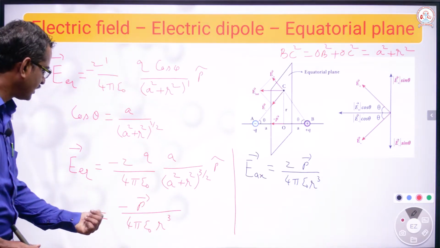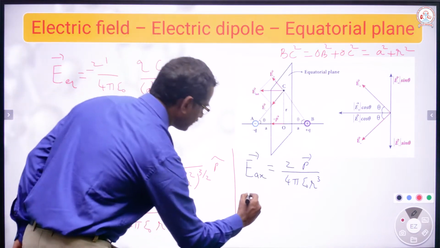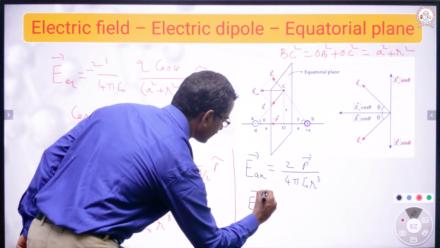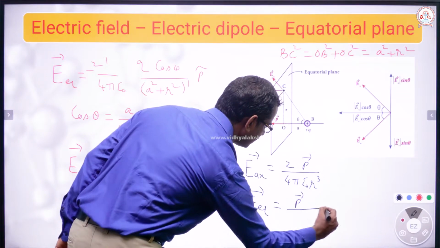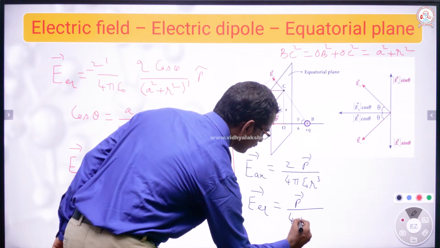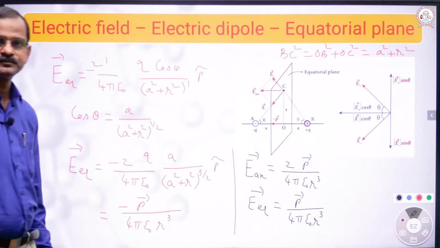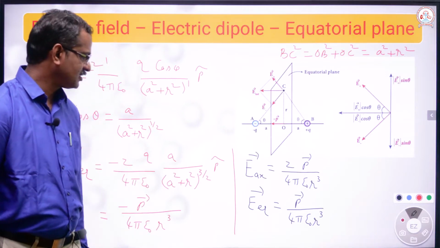Now, the electric field due to an electric dipole along the equatorial line is P vector divided by 4 pi epsilon naught r cube. Now, let us compare these two equations.